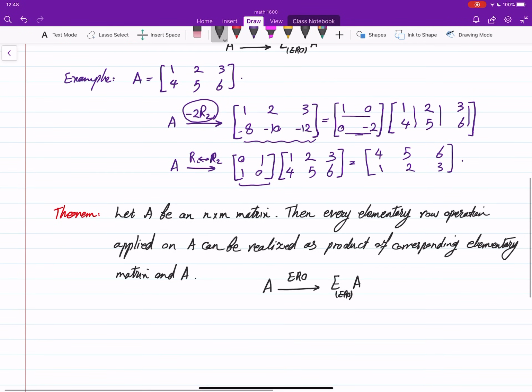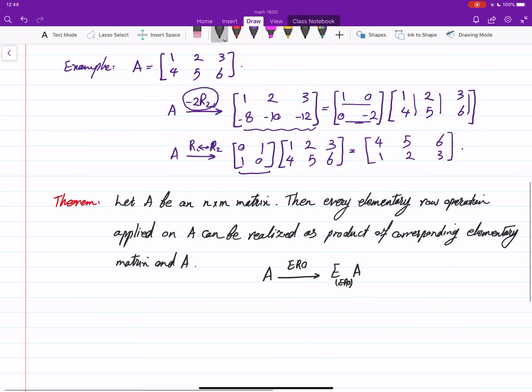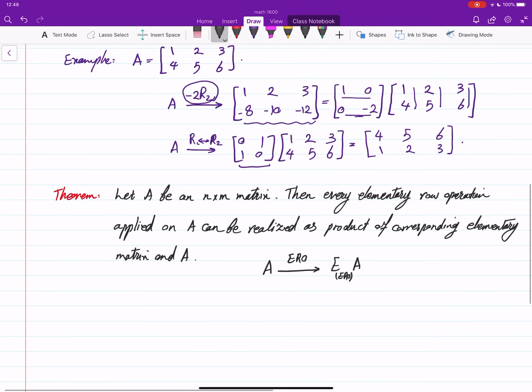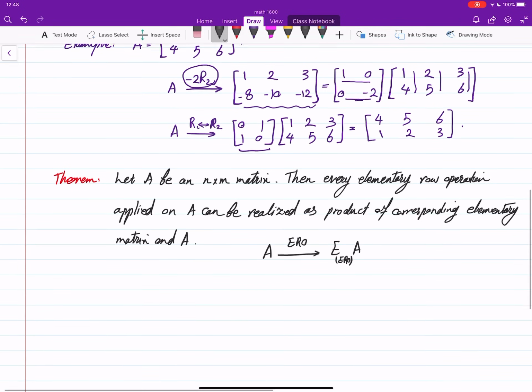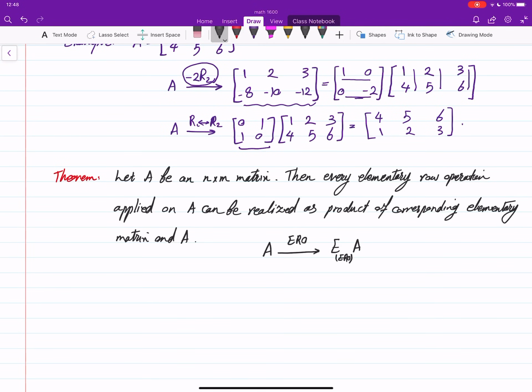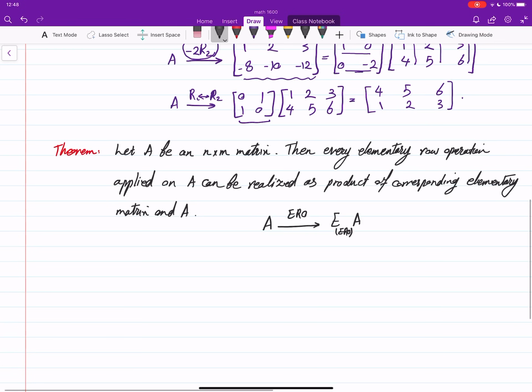This has very nice implications for us, especially when we are trying to prove the fundamental theorem for invertible matrices. But all of these things will work because of another simple fact about the elementary matrices.